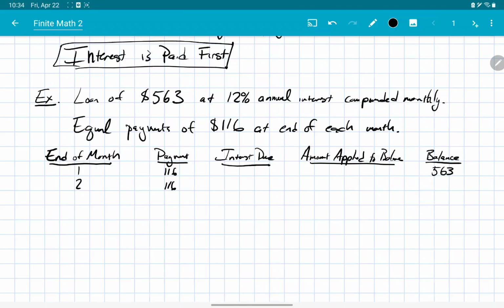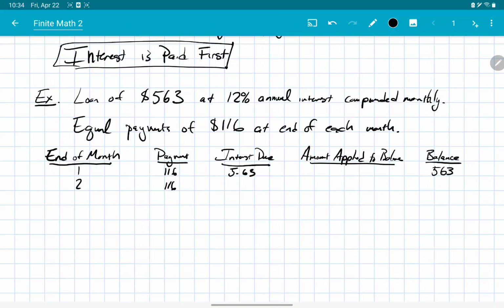So the interest due at the end of the first month is 1% of the balance. So the interest due is $5.63.